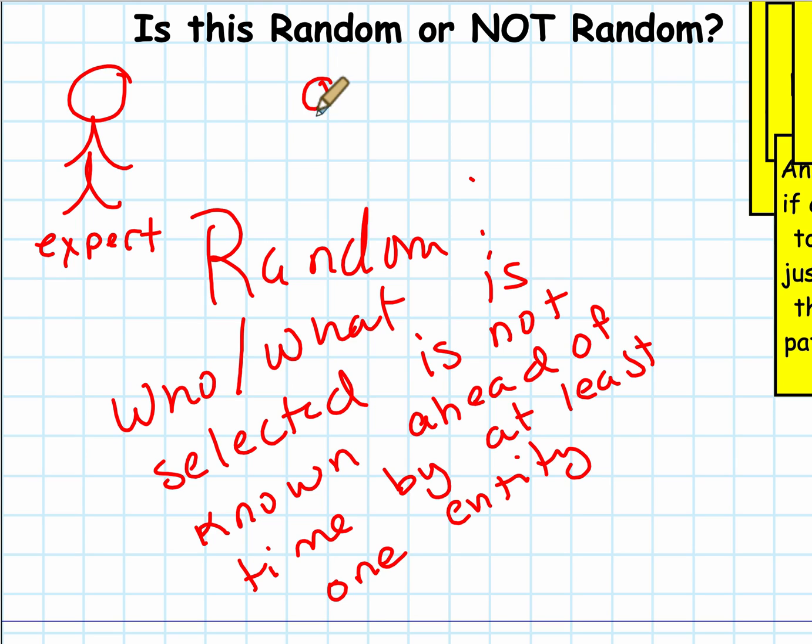And then we'll go ahead and say this person is the test subject. So either the expert knows ahead of time who is going to be tested, or the person who's being tested knows ahead of time that they're going to be tested, but the expert doesn't. So sometimes neither of them may know, and that's something that you learn later.